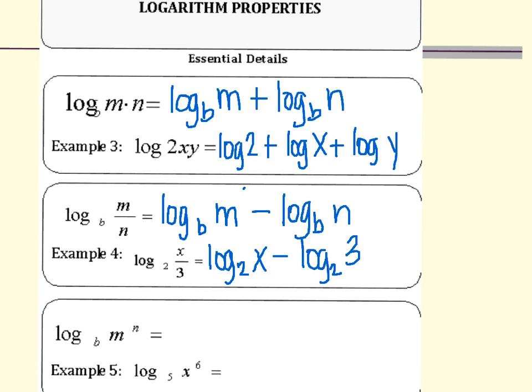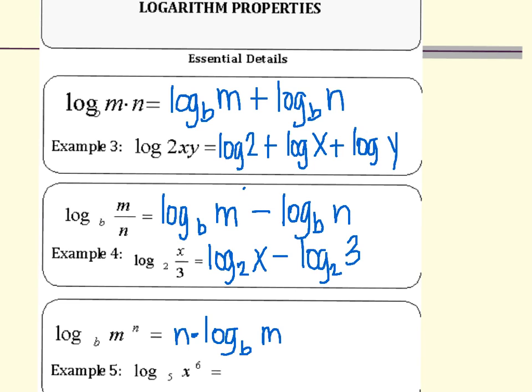And the next rule, the third and final rule here, is if I have log base b of a number with an exponent, this exponent can get moved all the way out to the front. So we just take this exponent and move it out to the front. So this would become n times log base b of m. That's multiply, so I'll put the sign there just to make sure.